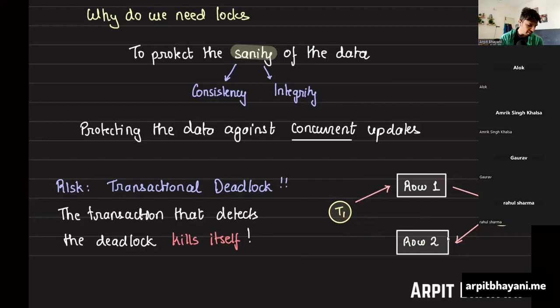So as soon as the database sees that if it makes transaction T1 get a lock on row 2, the database would go into a deadlock state, it doesn't want that to happen.